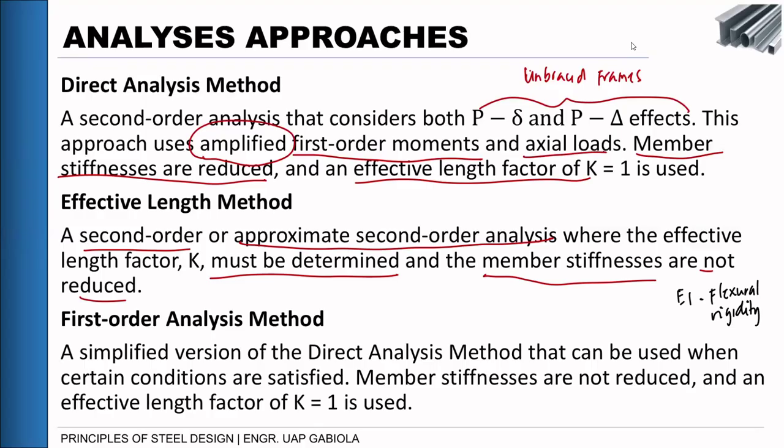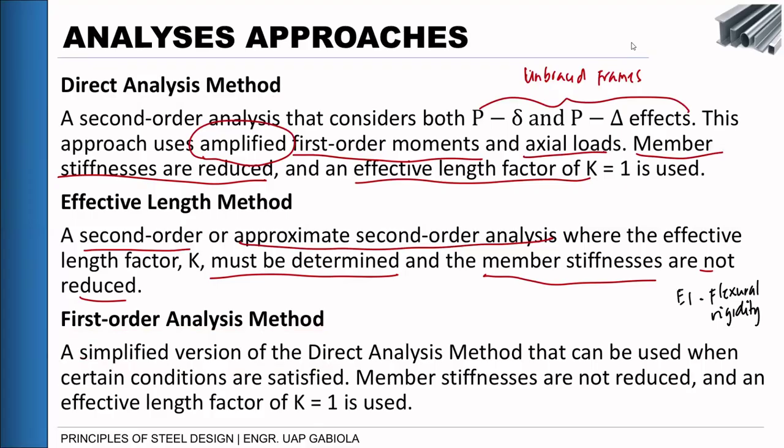Unlike kay direct analysis method na nire-reduce natin yung stiffness niya. And then we have first order analysis method wherein this is a simplified version of the direct analysis method. So, first order analysis method is a second order method pero simplified version lang, that can be used if certain conditions are satisfied.